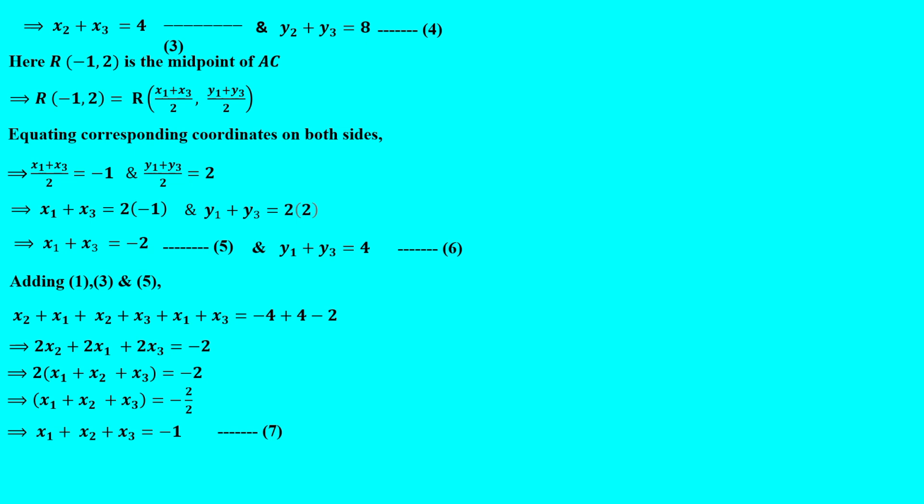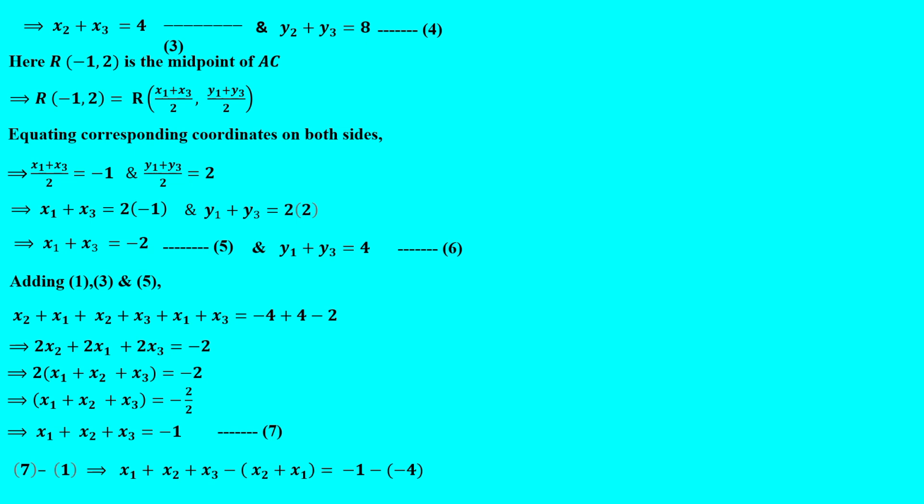Now you add the remaining equations. Before that, we will find x1, x2, x3. Now take 7 and 1, 7 minus 1. Seventh equation: x1 plus x2 plus x3. The first equation: x2 plus x1 equal to minus 4.